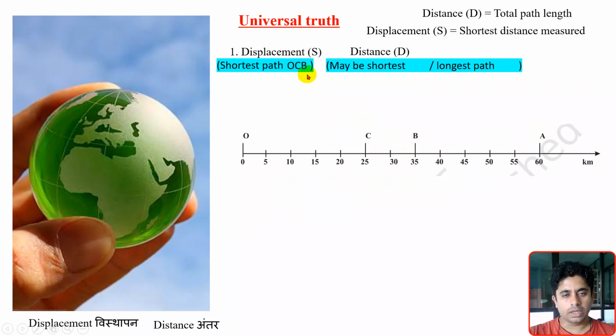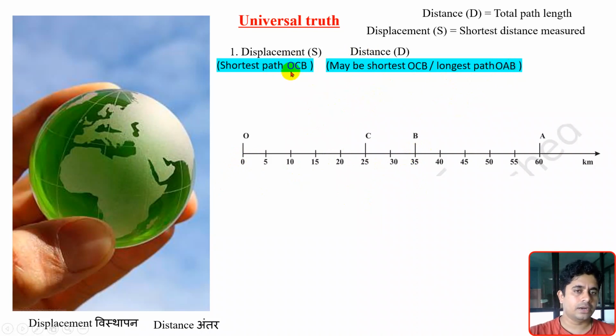Now this OCB, whether you call it a displacement or a distance, the meaning will be the same. So OCB is the shortest path. Now to reach B from O, OAB will be the longest path.